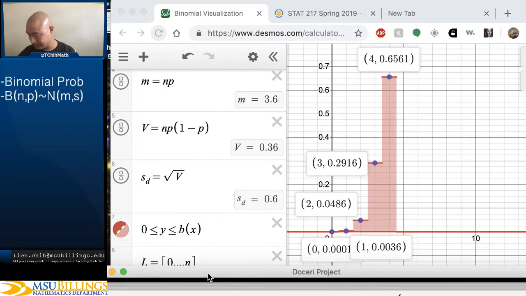There is some chance that she only makes 1 in, some chance, 0.486, that she makes 2 in, making 3 in, 0.2916, and then making all 4 in, 0.6561.